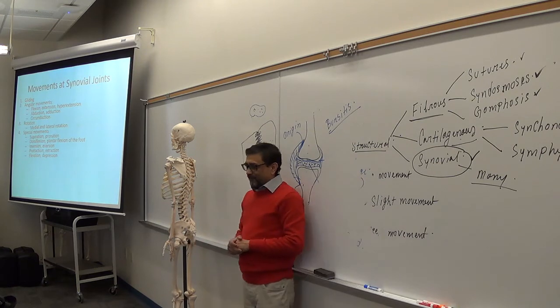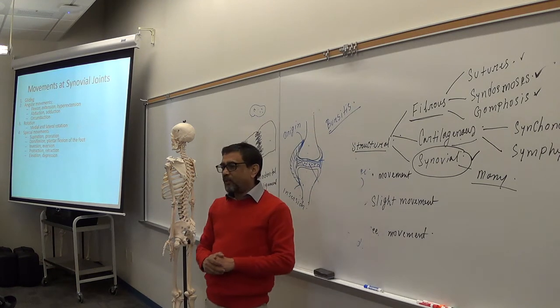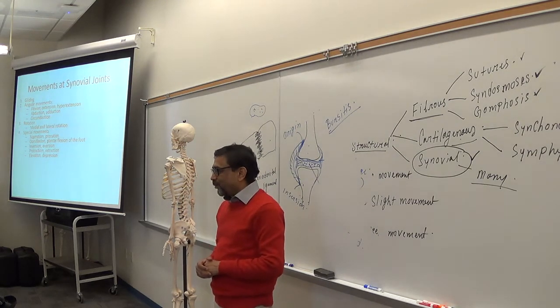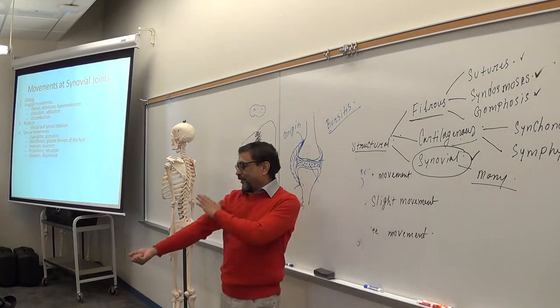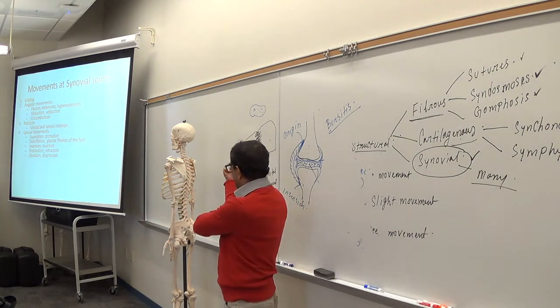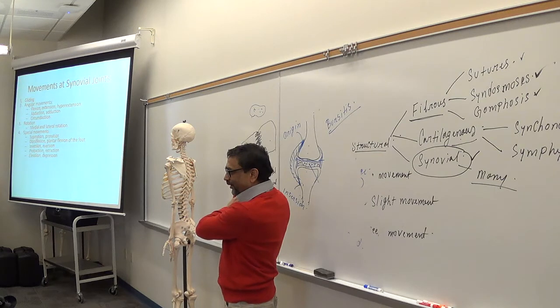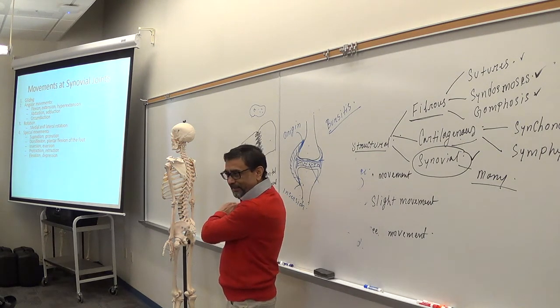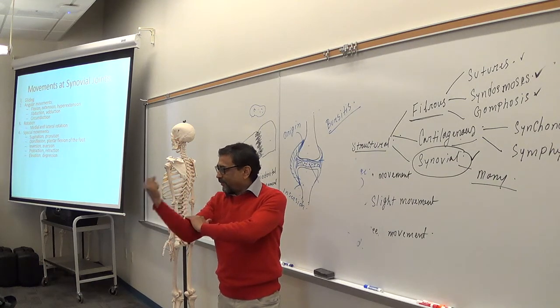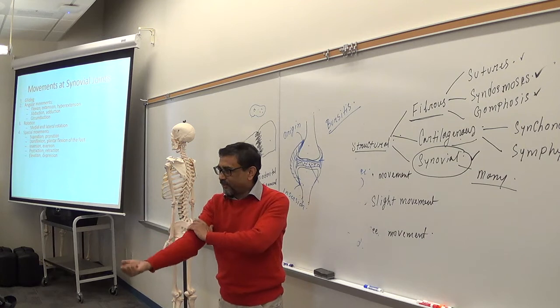Now, angular movements. There are different types of angular movements in which the size of the angle changes. For example, look at me. Look at this area. This angle is getting smaller or bigger? Smaller, right? And now it is getting bigger. So the size is changing, right? When the size of the angle gets smaller, that is called flexion.